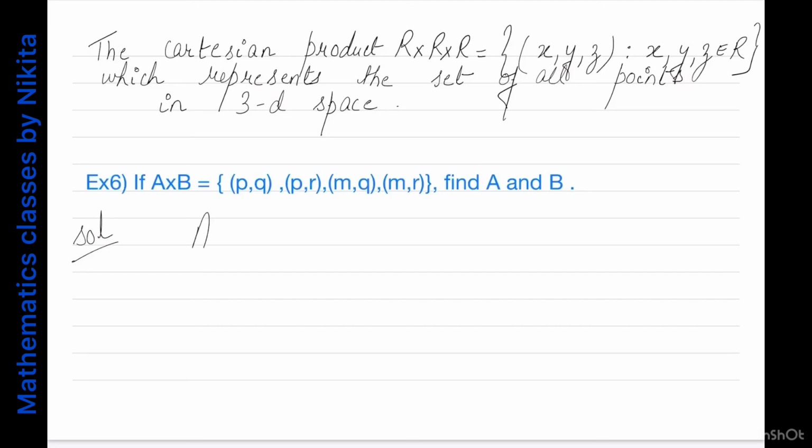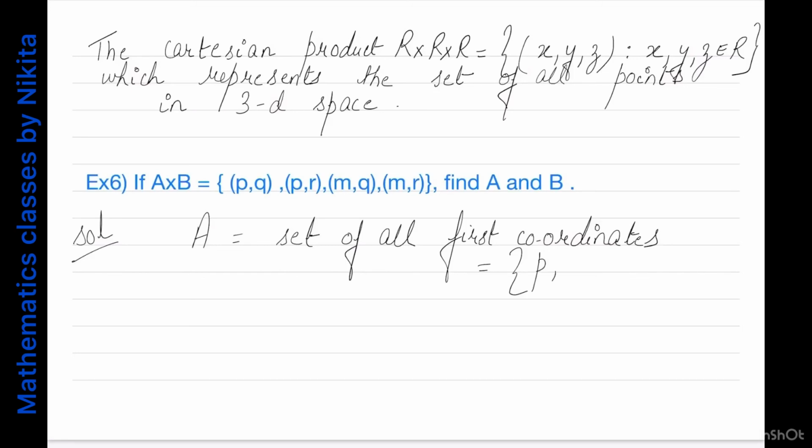So what you have to do is, A is nothing but the set of all first coordinates. So therefore it will be equal to, you just pick all the first coordinates. And since we are writing a set, order is not important and repetition is not allowed. So therefore first P will come, P is already there, then M. So P and M. So these are the first coordinates.